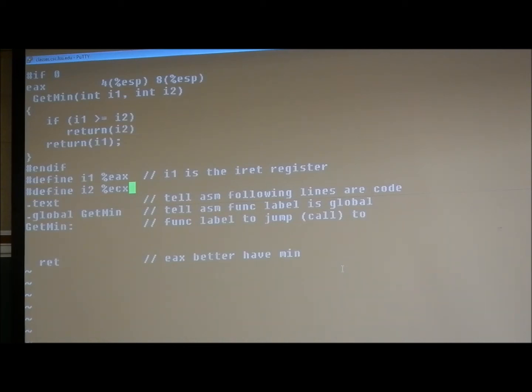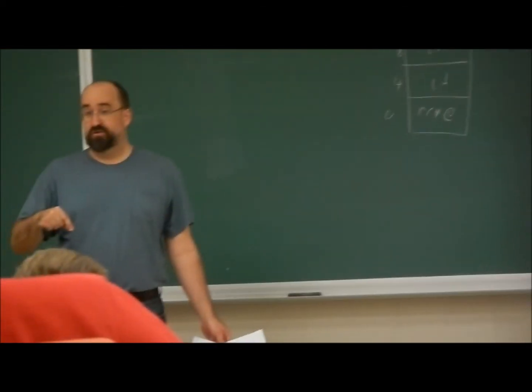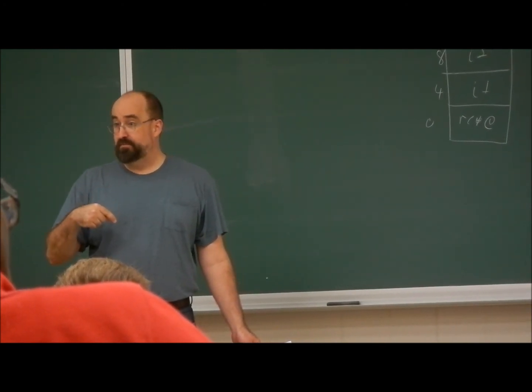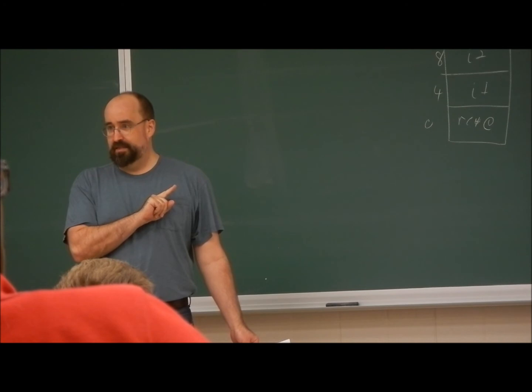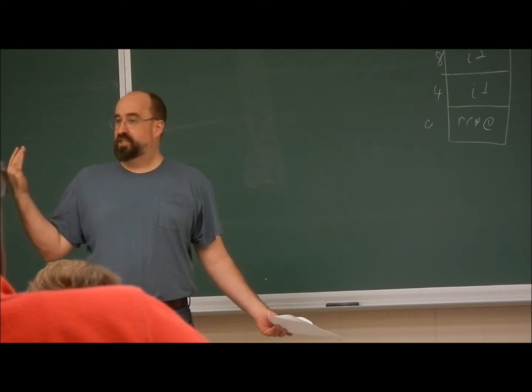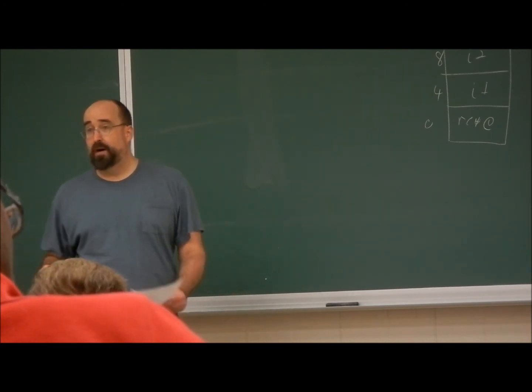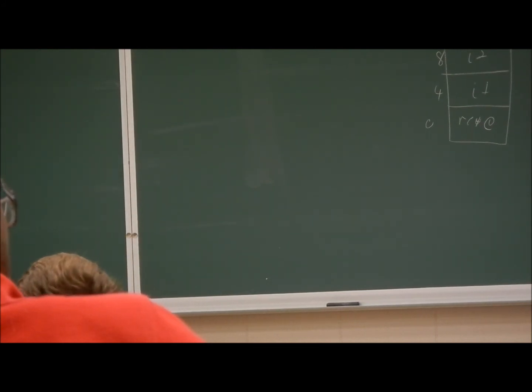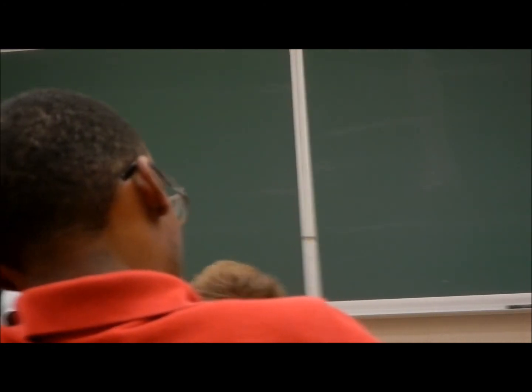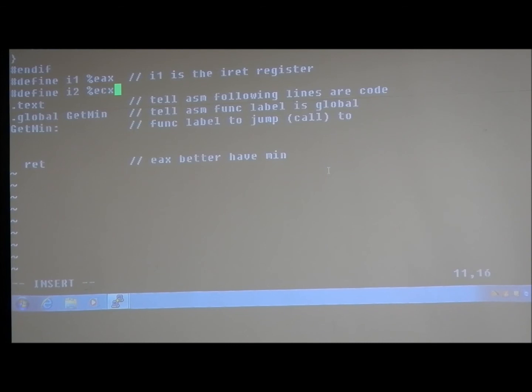If I was calling another function, the caller saved registers, I would have to save and restore them before, if I cared about them during the function call. But because I'm not calling anybody, using them is essentially free for me, right? So when I'm not calling somebody, at least, I'm always going to use the caller saved registers, which are EAX, EDX, and ECX. Those are always going to be my first three choices of registers.